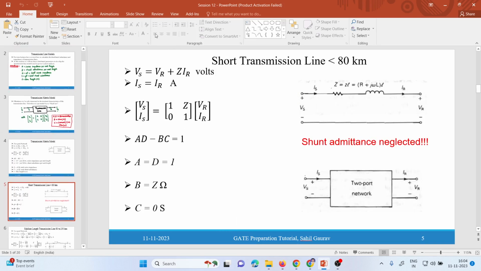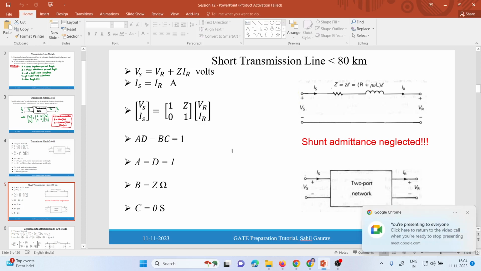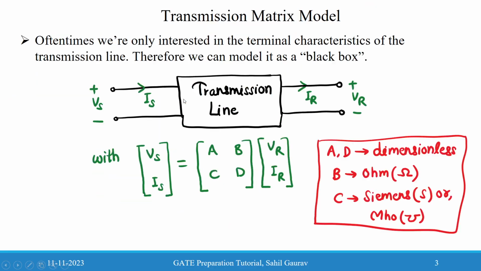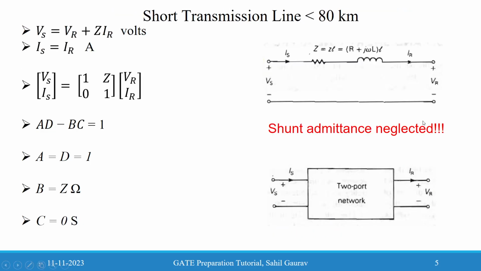Now for a short transmission line, usually we take the length to be less than 80 kilometers. That comes under short transmission line, and we model this transmission line accordingly. For a short transmission line, we neglect the shunt admittance due to the shorter length.